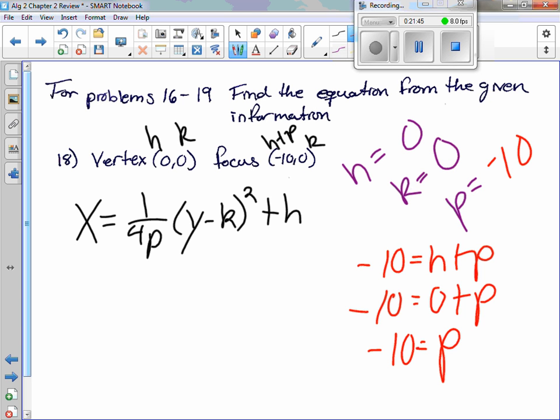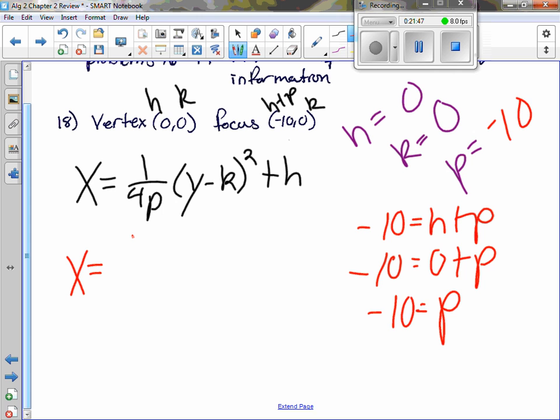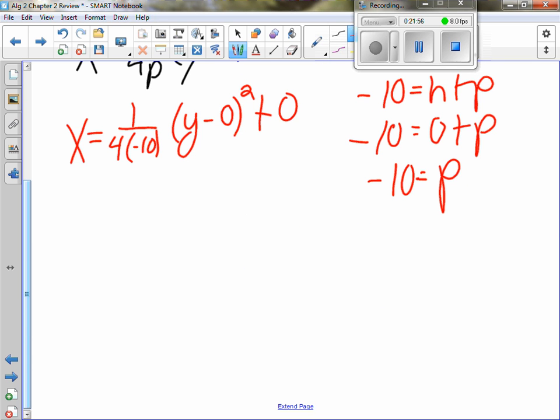Now we can plug these values in, because x is equal to 1 over 4 times negative 10 times y minus 0 squared plus 0. Well, this would be negative 1 over 40. Everything else actually cancels out. It simplifies, because y minus 0 is the same as just y, and we have it squared, so we can drop those parentheses. And then we don't need the plus 0.